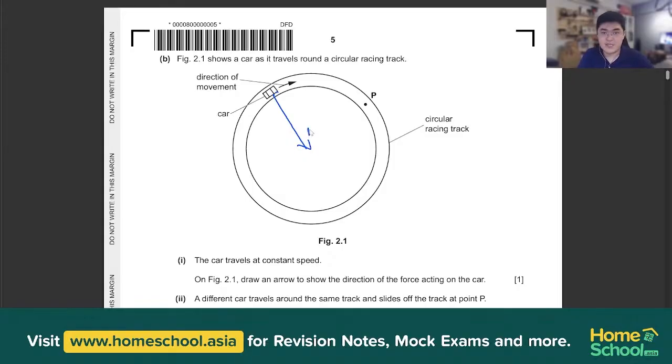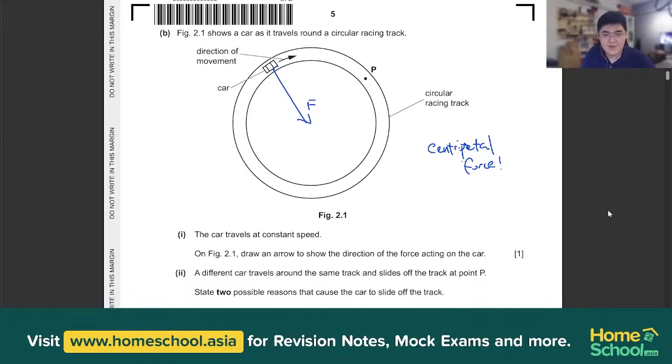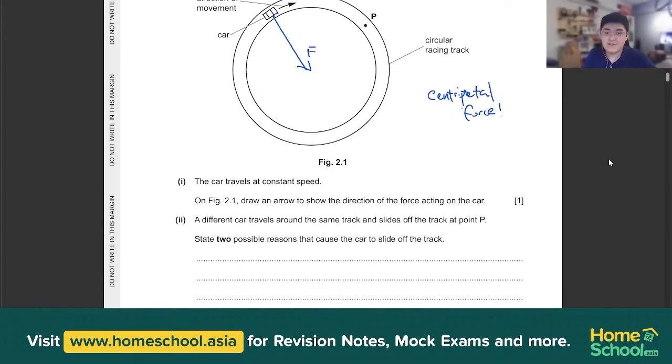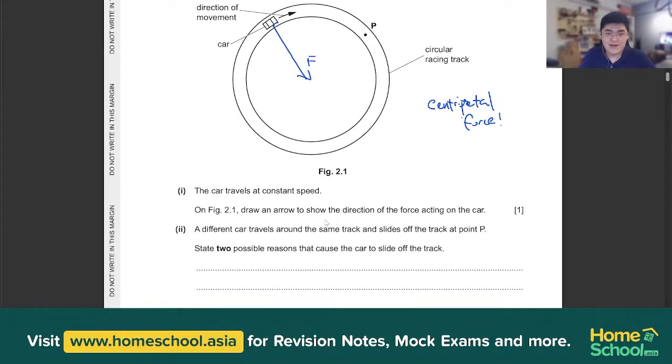This is the force. We call this centripetal force. Okay, yeah. So this force is centripetal force. All right. All clear, yeah? Okay. Now let's move on to B part 2.